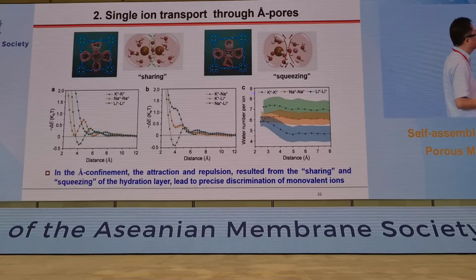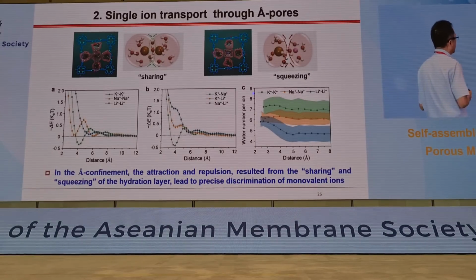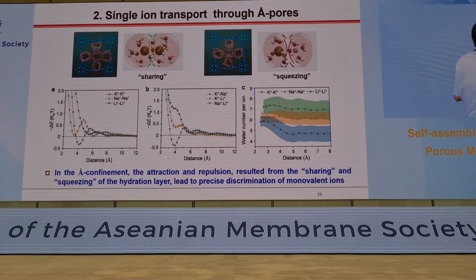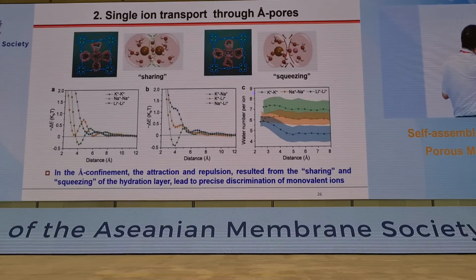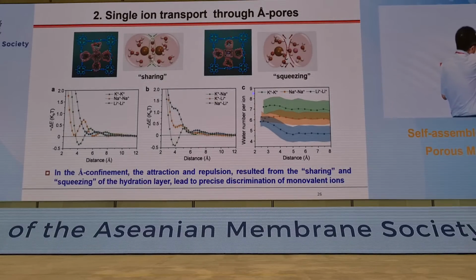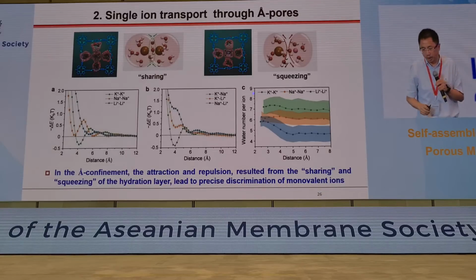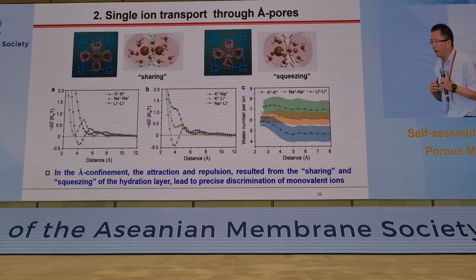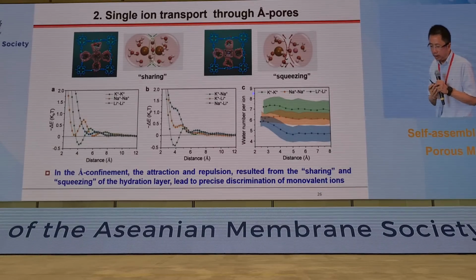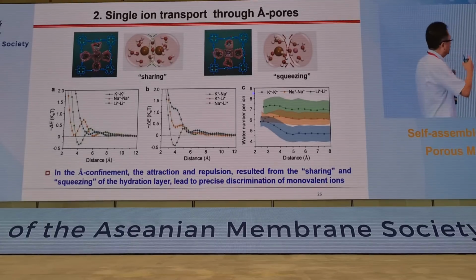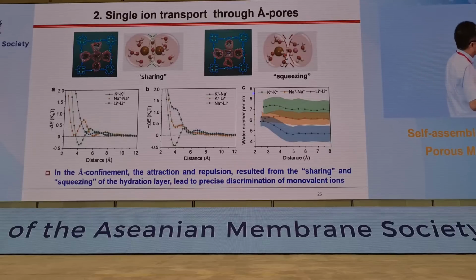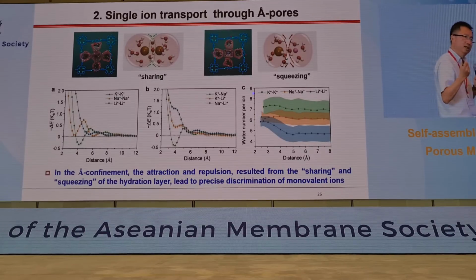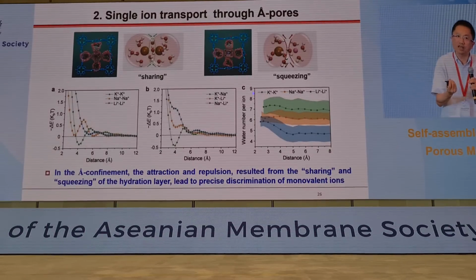We further did some quantitative calculations. As we choose the bottom figures, we can see that within the range of 4 to 6 angstrom, you find totally different behaviors. For example, when two potassium ions approach each other, you find that there is an attraction force.